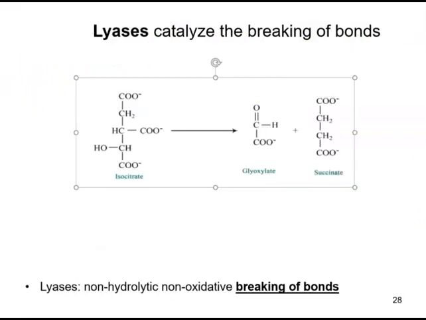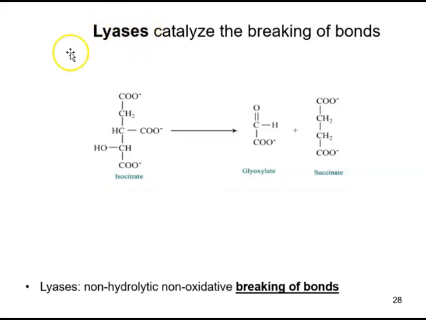The final reaction type we're going to talk about are lyases, and in this type of mechanism we're talking about an elimination reaction that occurs through mechanisms other than through hydrolysis or oxidation. So it's not through a hydrolytic cleavage or an oxidative cleavage, it's through another type of reaction. So non-oxidative breaking of bonds.